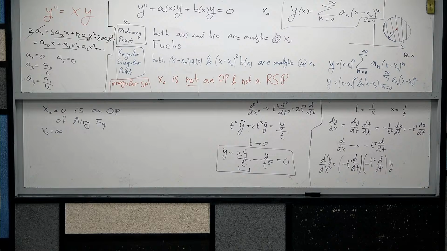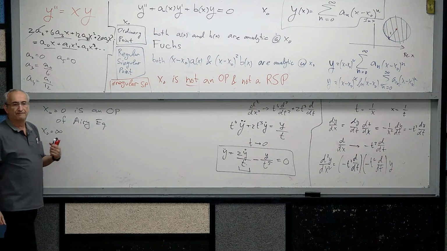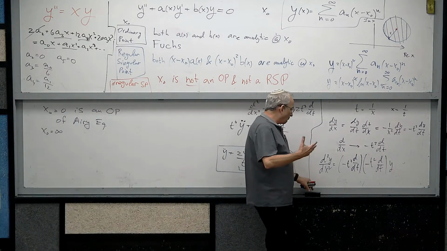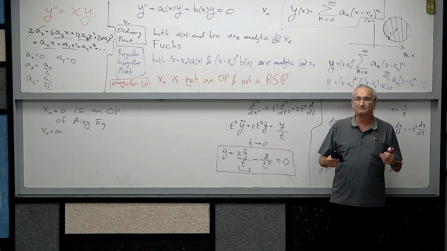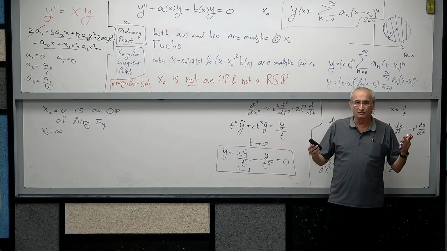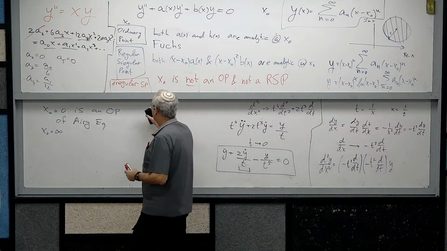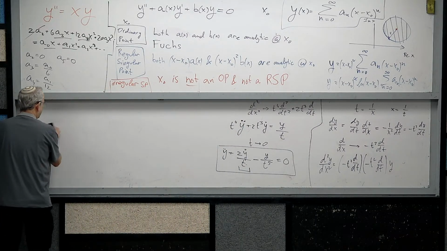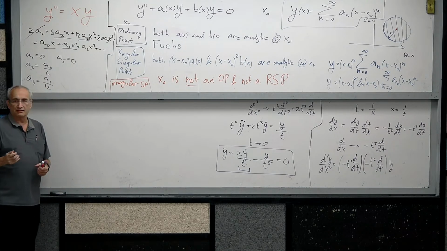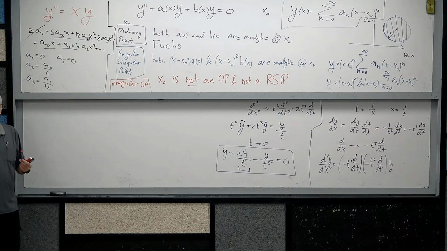Now, let's try to get some feeling about what horrors we expect to happen when we have an irregular singular point. To do that, I will use solvable equations, which are first order. So I just want to demonstrate what kind of horrors we should expect when we try to expand something around irregular singular points.